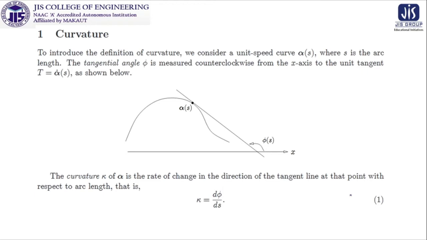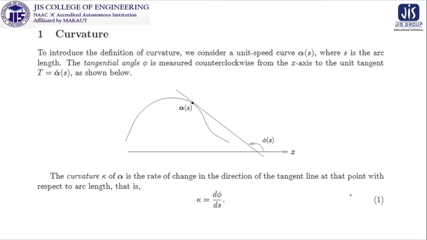So to introduce the definition of the curvature, now it is the formal definition. We consider a unit speed curve alpha(s), where s is the arc length, and at this point if you draw the tangent, then the tangential angle is phi(s).